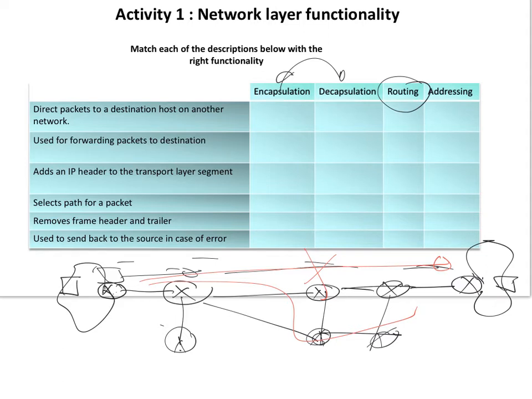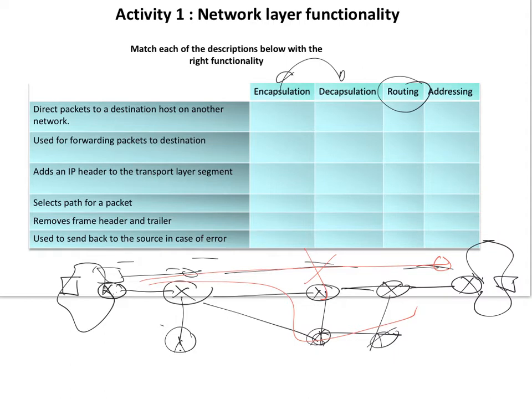The sender goes to the post office, or the router delivers the letter to the next router, and the router will direct it. The receiver doesn't know that there is something coming because there is no end-to-end connection. So I don't have to wait to establish an end-to-end connection before I start communicating. So that's connectionless.